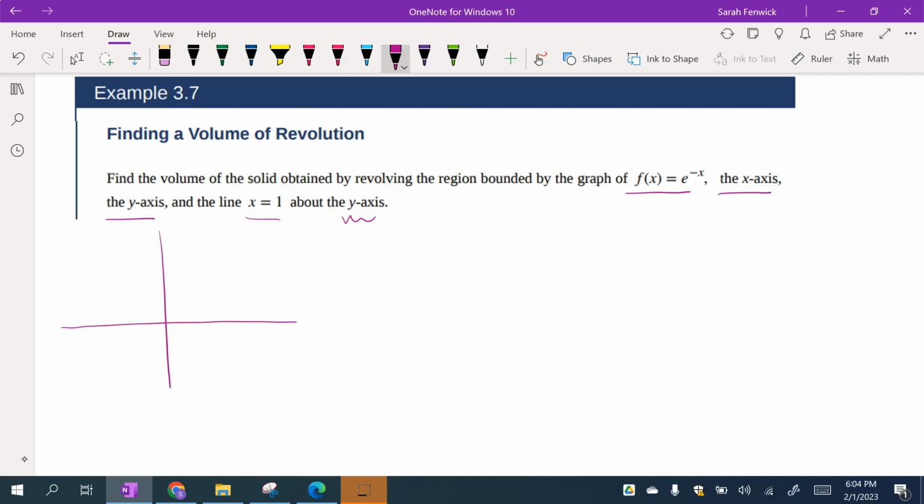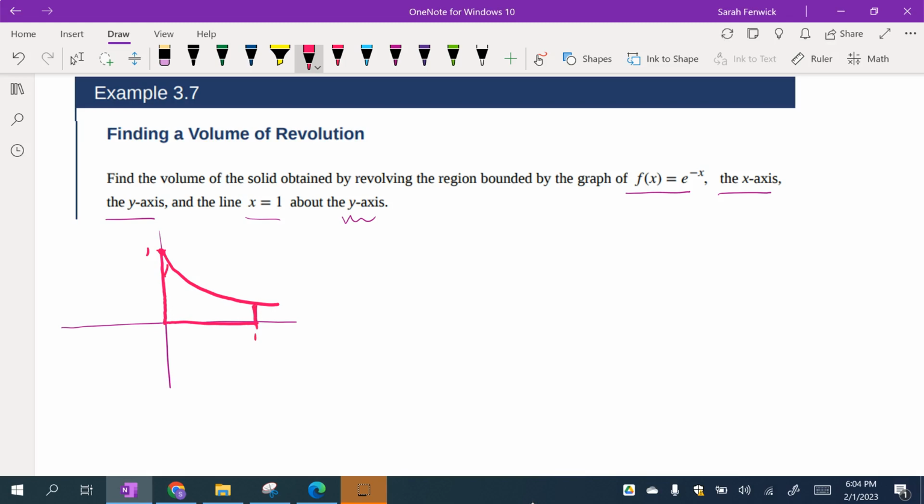E to the negative x at 1 comes down like this. Technically, it keeps on going, but we have to make a bound here. So we're bounded by that, the y-axis, the x-axis, and the line x equals 1.